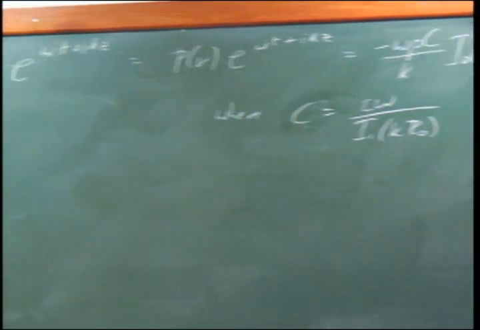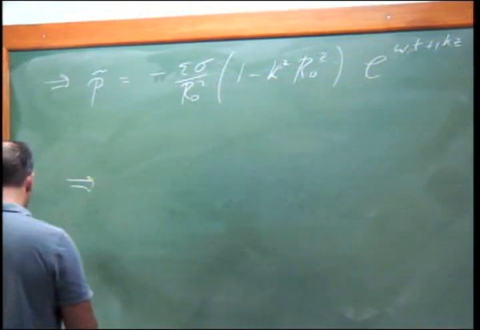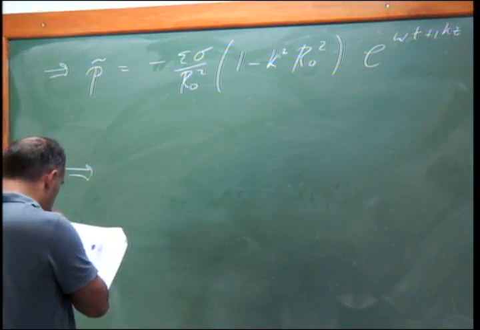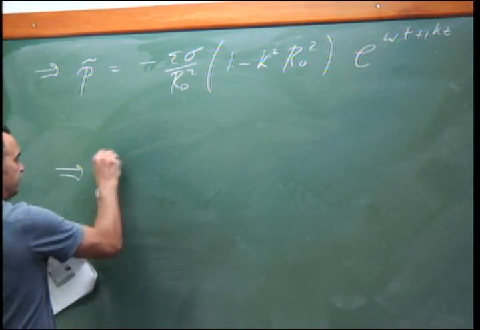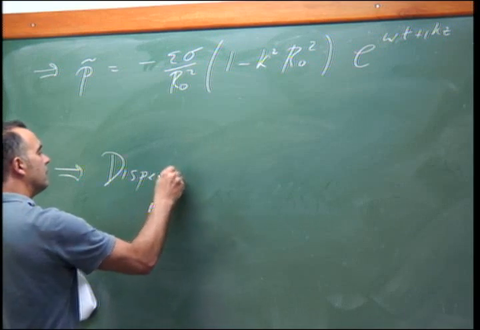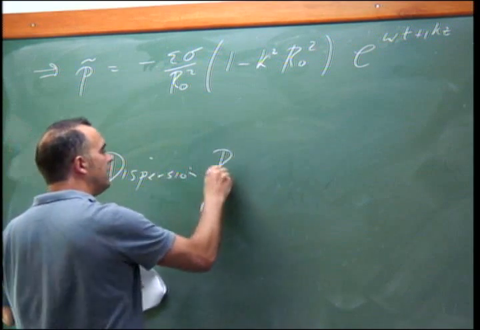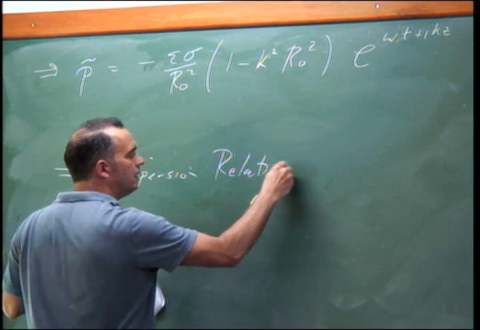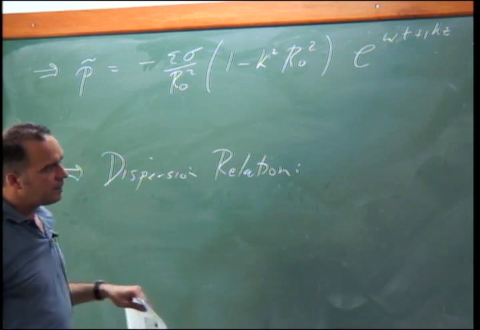Okay, so this is actually going to give us the dispersion relation. That is to say, we now have a relation between the growth rate and the wave number.